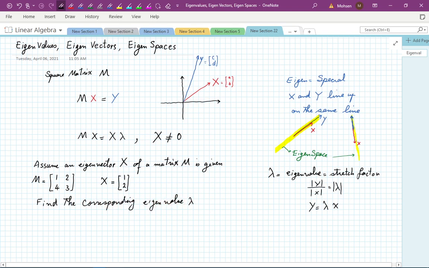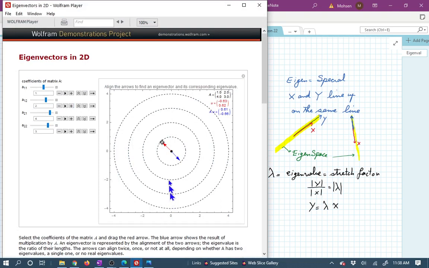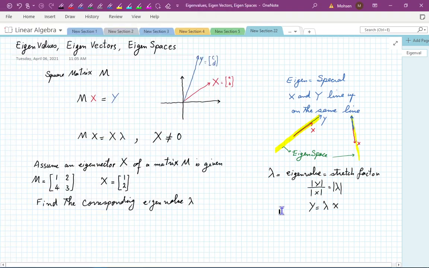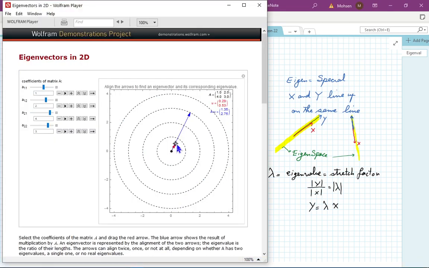Okay, so again, let's go back to understand what's going on here. The idea is I'll give you the vector, like we gave here, 1 2. So I tell you where the red is. Now if you want to make it exactly 1 2, you have to stretch it.